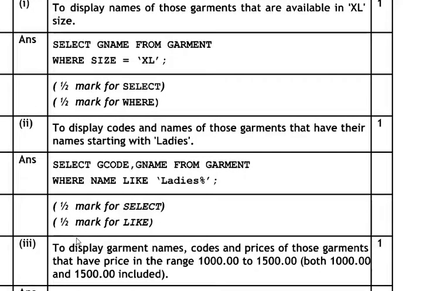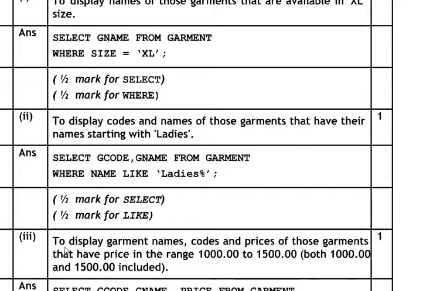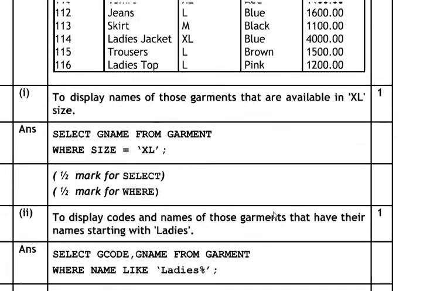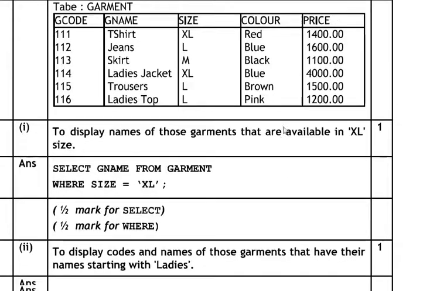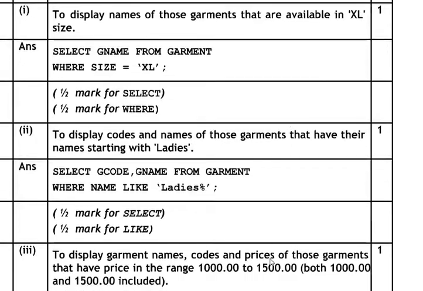Okay, so the next question is to display garments name. The names of the columns are G name, G code and price. Let us see the price column. The column name is price only. Display those garments that have price in the range this much to this much, both values included.